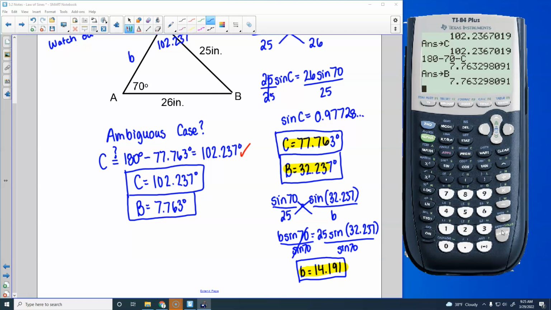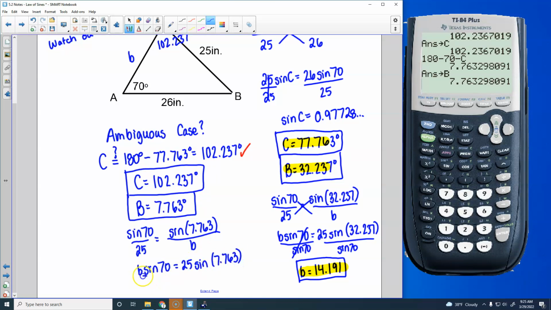Now, if you think about what you're going to do here, I'm going to write it all out, but I'm going to show you how you don't have to. Sine of 70 over 25 is going to equal sine of 7.763 over B. So B sine 70 is going to equal 25 sine 7.763. And then we'll divide by that sine 70.